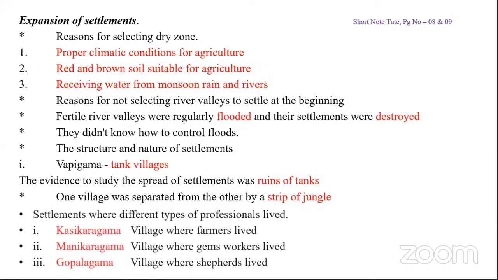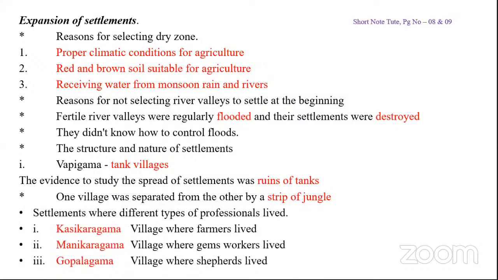And there were settlements where different types of professionals were living. So what was Kasikaragama? Kasikaragama was the village where farmers were living. Manikaragama were the villages where gem workers were living. And Gopalagama were the villages where shepherds were living.